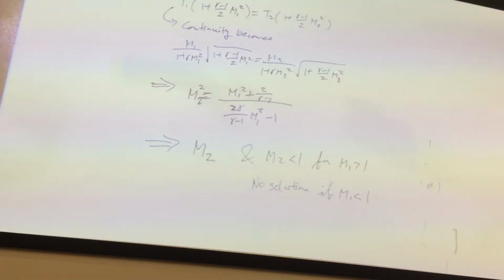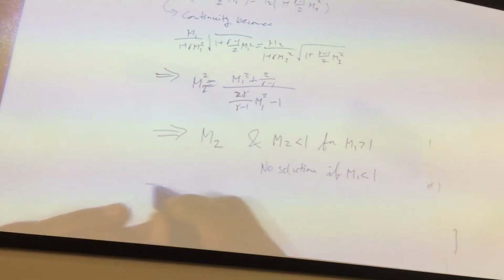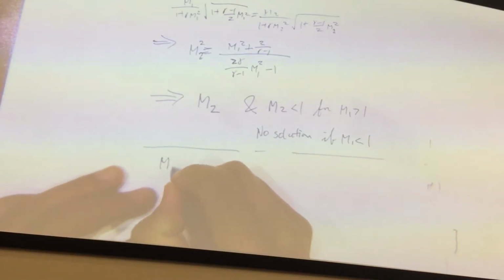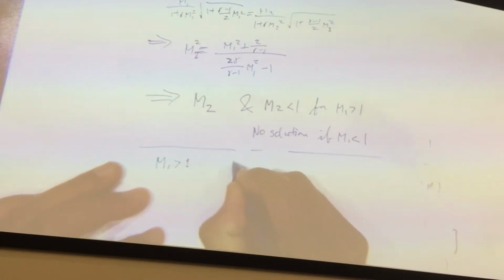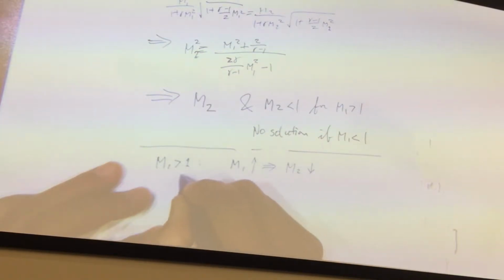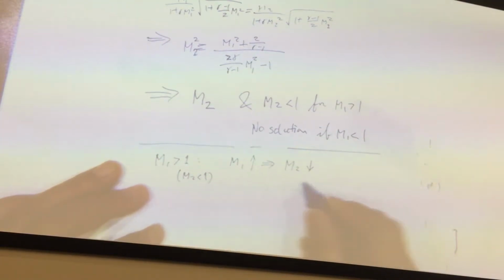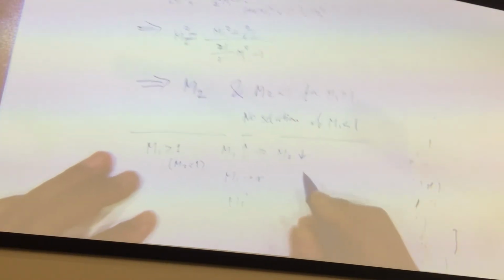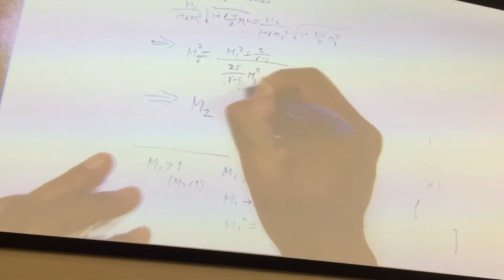Makes sense? And the larger M1 is, the smaller M2 is. So M1 has to be greater than 1, but as M1 increases, M2 decreases. As M1 goes to infinity, M2 squared is equal to, when you take the limit, a ratio of this.